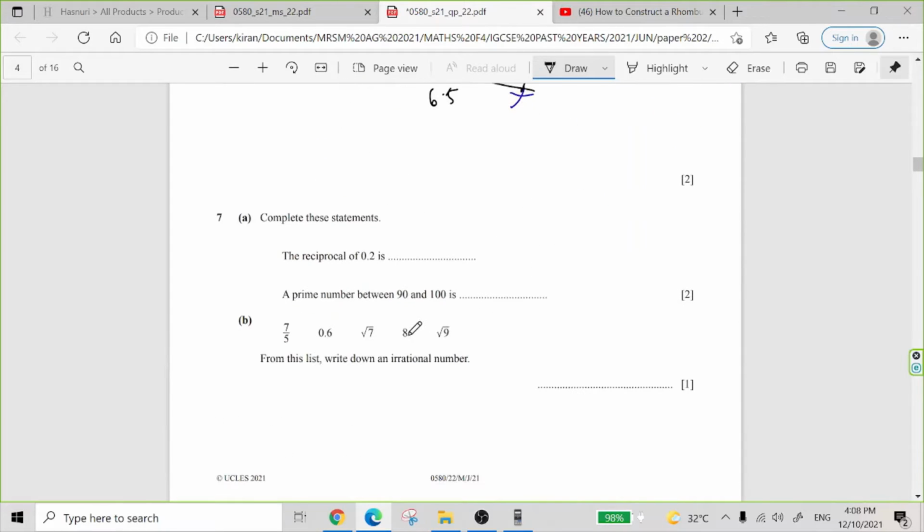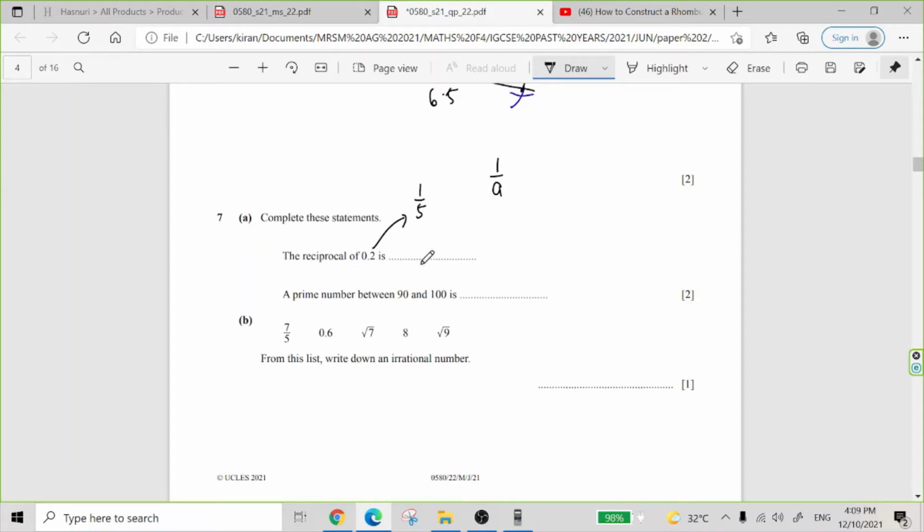Okay, that was question number 6. We go to question number 7. Complete these statements. The reciprocal of 0.2 is, okay, what is 0.2? 0.2 is 1/5, right? So bila reciprocal, function reciprocal is 1 over x.